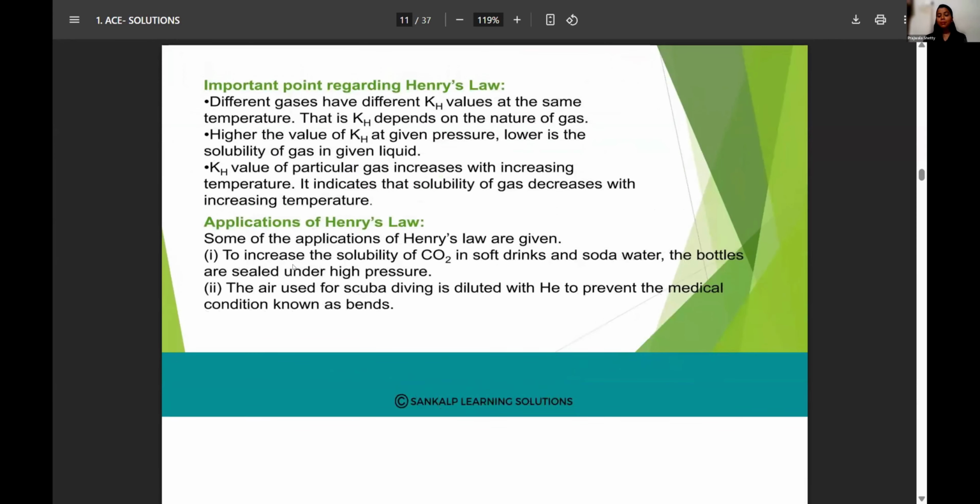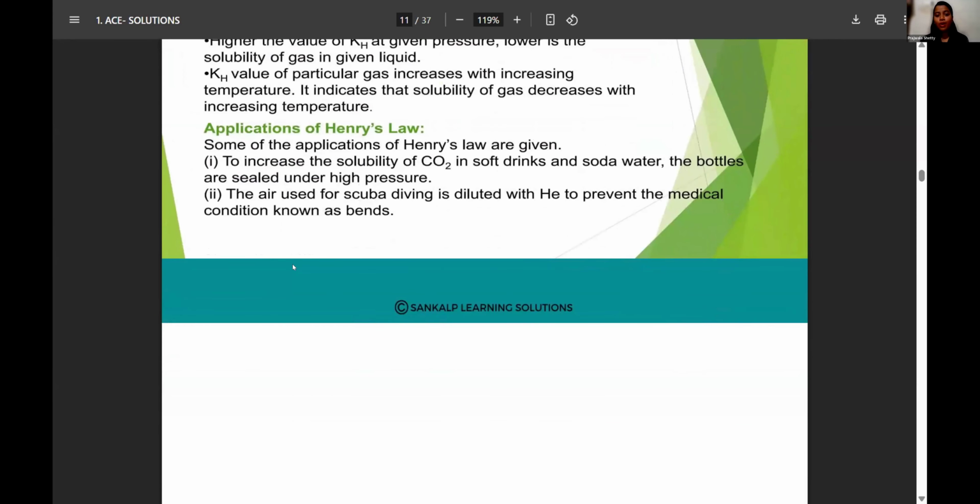So next, let's see the applications of Henry's law. Where does Henry's law apply? Of course, soda drinks, which we drink generally. In that soda drink, what do they do? To increase the solubility of carbon dioxide gas. Usually soft drinks have carbon dioxide. To make that carbon dioxide more soluble, the bottles are sealed under high pressure.